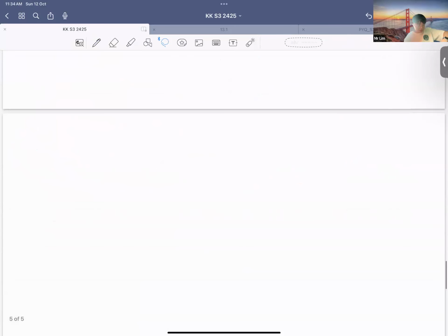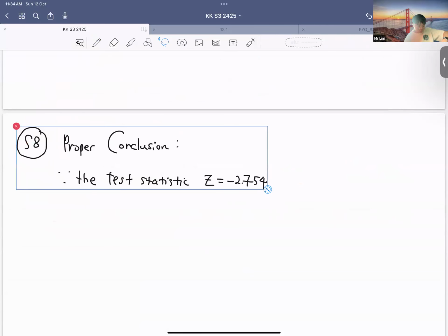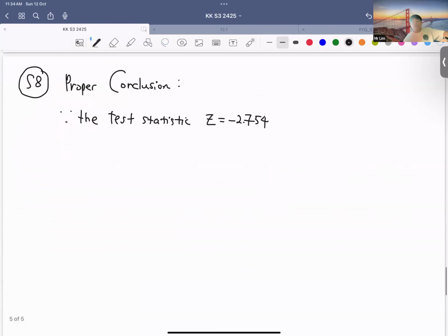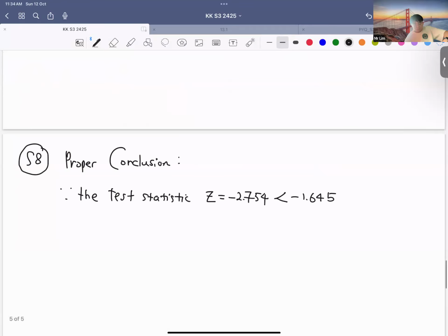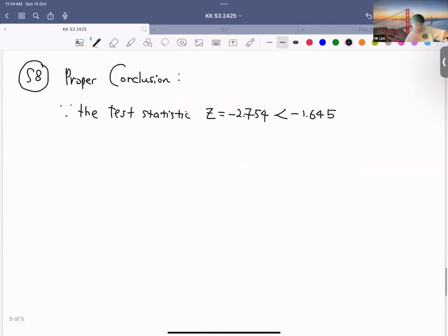Since the test statistic Z, which is equal to negative 2.754, is less than my critical value, negative 1.645. Correct? Yes.